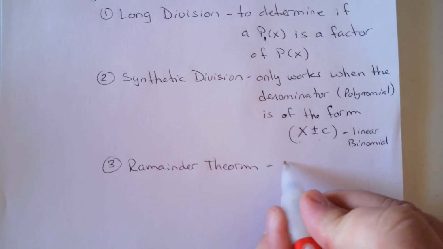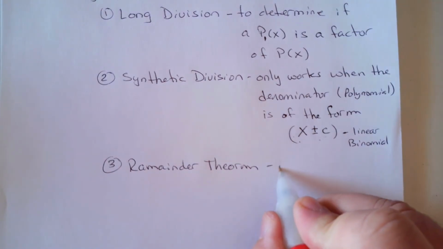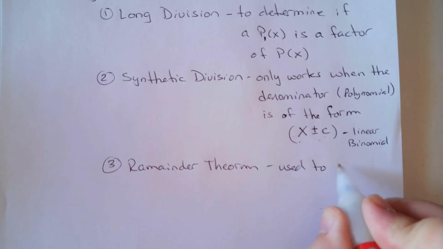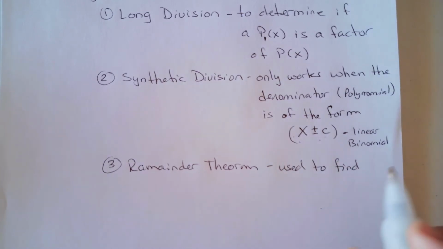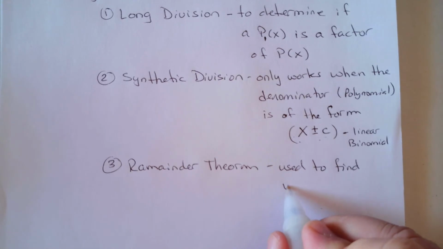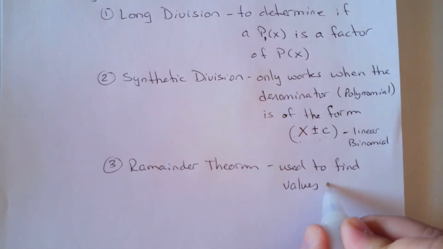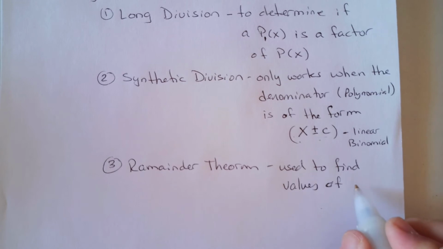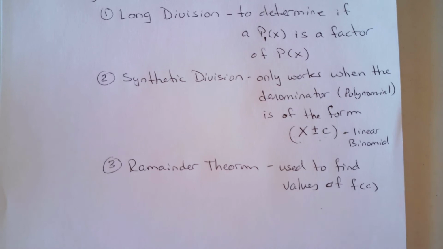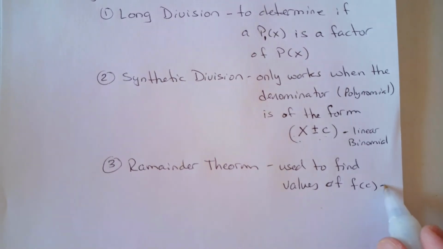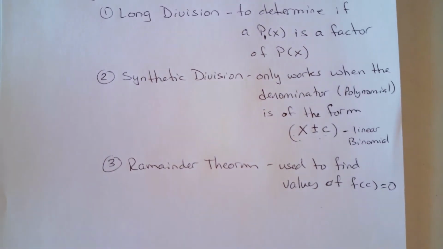The remainder theorem is used to find values of the function at c, and hopefully they can't be 0. So with the remainder theorem, when we do a division, whatever is left is your remainder, and that's the value of the function at c that we'll look for.